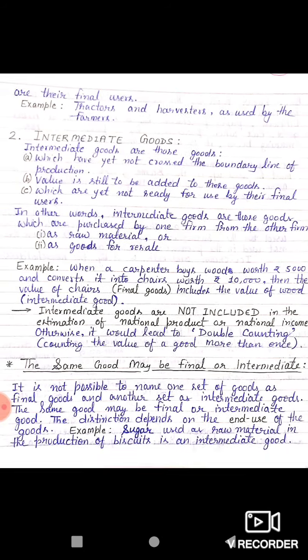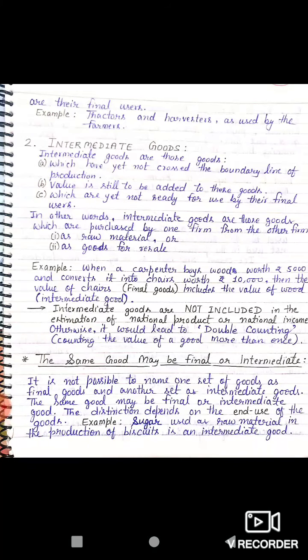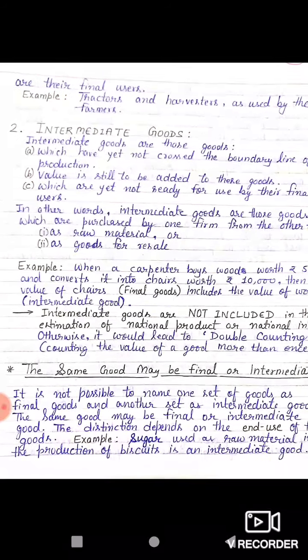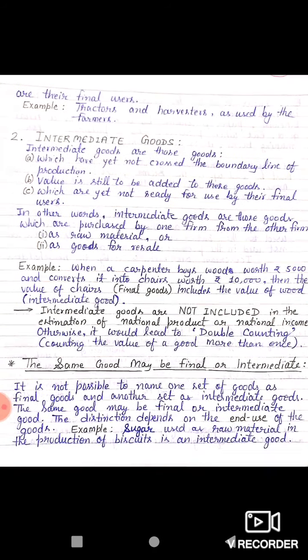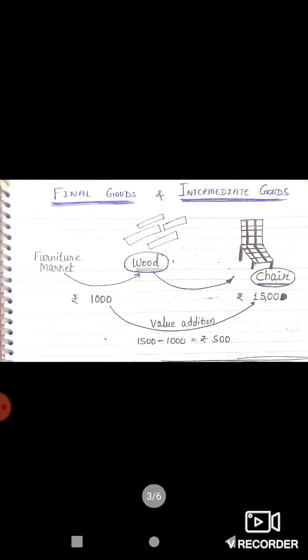In other words, intermediate goods are those goods which are produced by one firm and used by another firm as a raw material. So definitely intermediate goods are used as raw material, or you can say as goods for resale. Clear? Now an example: when a carpenter buys wood worth rupees 5000 and converts it into a chair worth rupees 10,000, then the value of the chair, a final good, includes the value of the wood, an intermediate good.